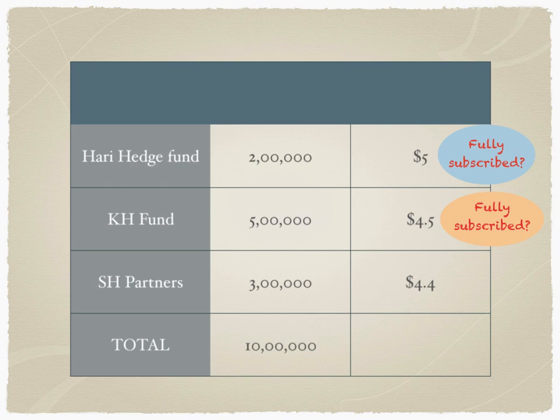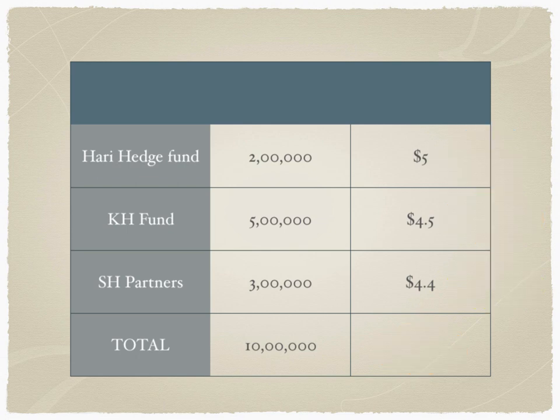And finally, SH Partners has subscribed to 300,000 shares at $4.40. Now is the issue fully subscribed? The answer is yes. So the IPO price now is $4.40. Okay? Till the issue gets fully subscribed, the IPO remains open.